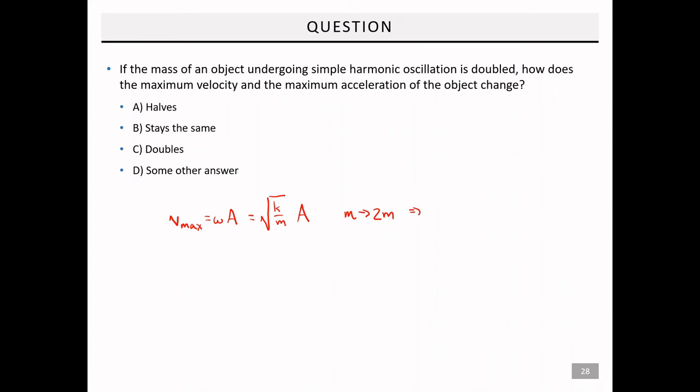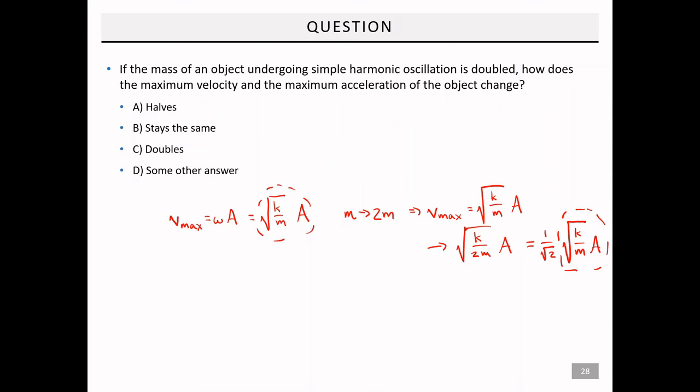So that means v max, which is equal to the square root of k over m times A, is going to go to the square root of k over 2m times A. The 2 I want to factor out, so I get 1 over the square root of 2 times the square root of k over m times A. Now this square root of k over m times A is what I started with for v max. So v max goes to 1 over the square root of 2 times v max.